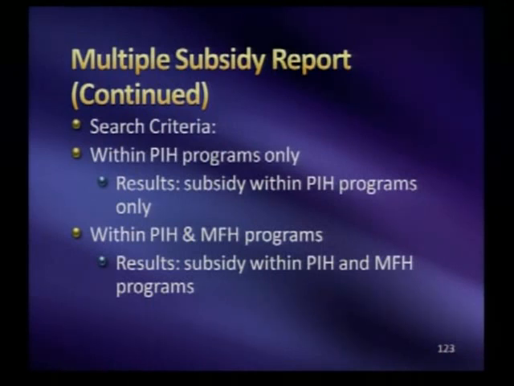And if you search within PIH and multifamily housing, it's going to show you subsidy within both, so either a voucher and project-based Section 8, or public housing and project-based Section 8. It's going to show you one hit on the PIH side and one hit on the multifamily housing side, but we're going to change that in April, and it's not going to limit the results. So when you run that report, if they have five different transactions across the two programs, you're going to see all of it.